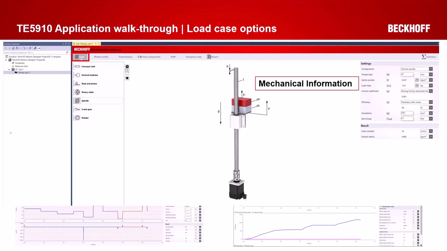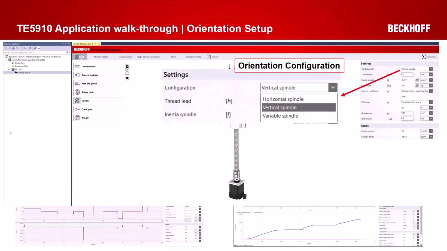Sometimes all you know is the thread of a ball screw, but we offer orientation setup. So here you can configure the orientation, whether it's a horizontal spindle or ball screw, or a vertical ball screw, or a variable, so a more complex mechanical system. This is just a pull down menu, and you can select which type you want.